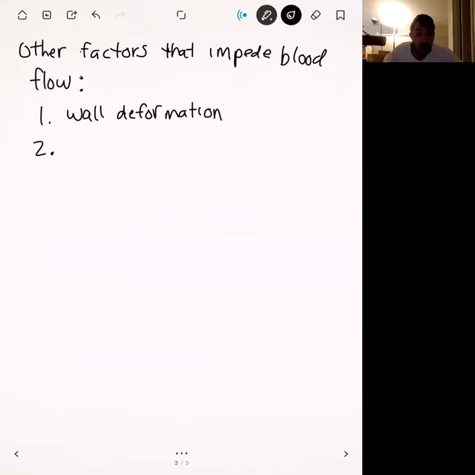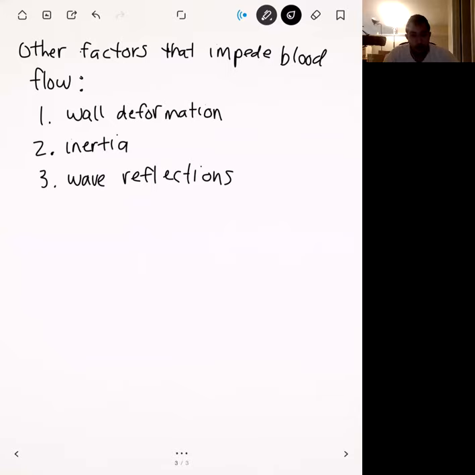Things like inertia, okay? And things like wave reflections. And there's other smaller factors too, but this is just kind of a small list.